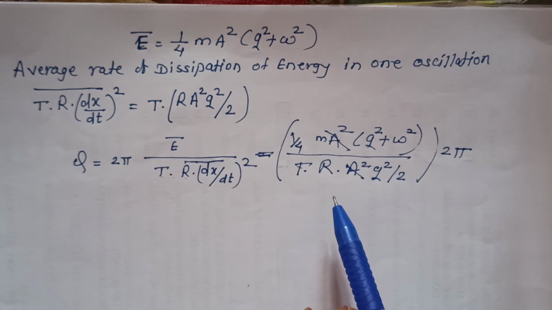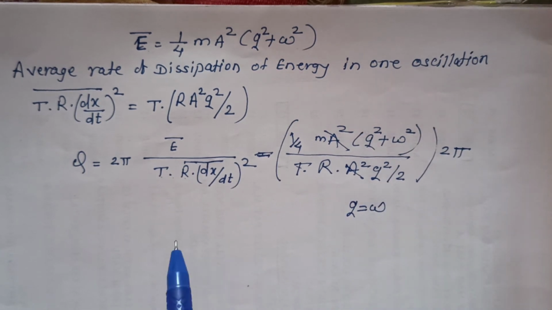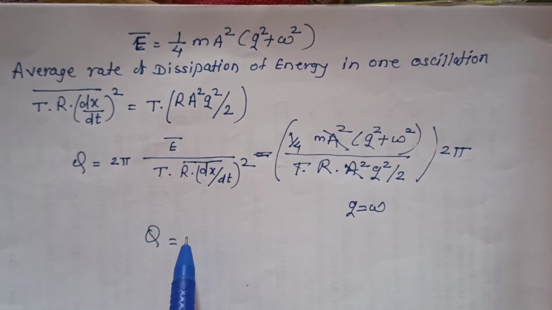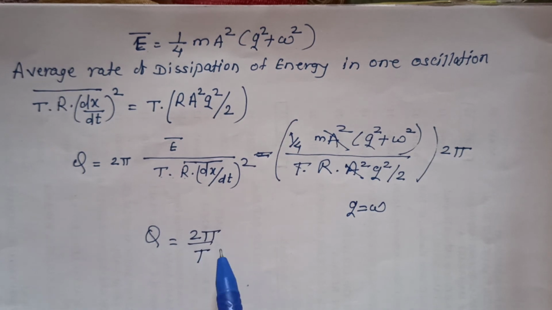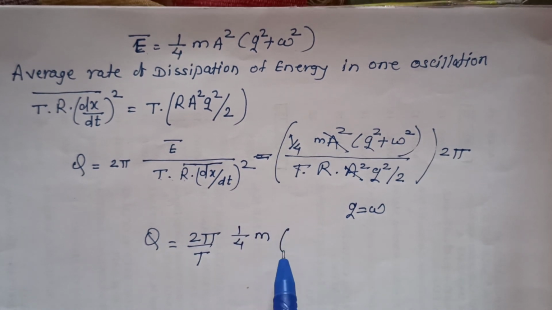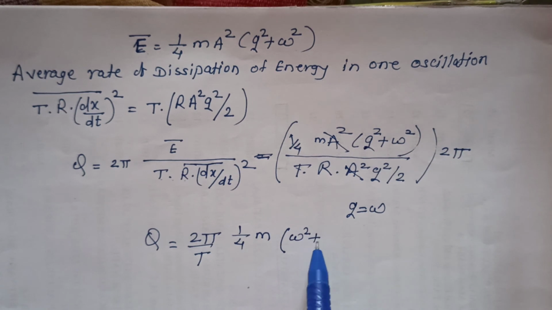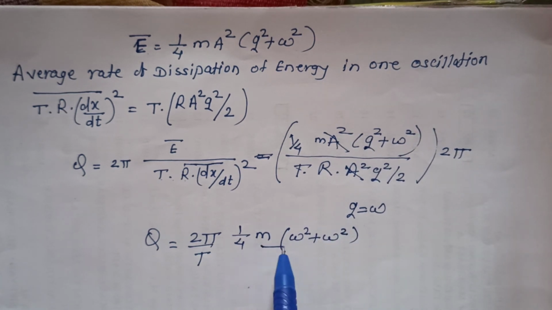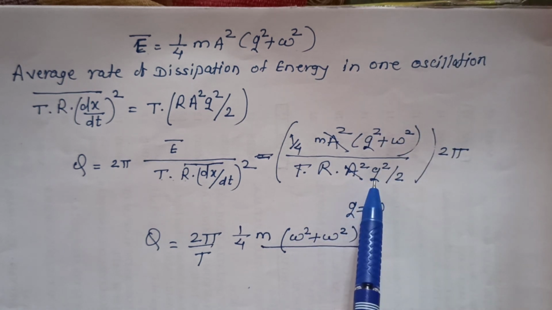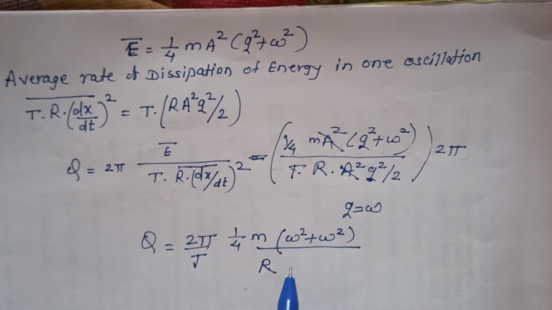Here at q is equal to omega, quality factor Q is equal to 2 pi upon T into 1/4 m, inside the bracket, the value of q is equal to omega, then we get omega^2 plus omega^2, divided by R as it is, T is here, and the q^2 value is omega^2 divided by 2.